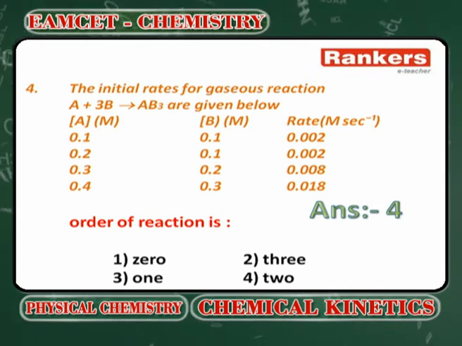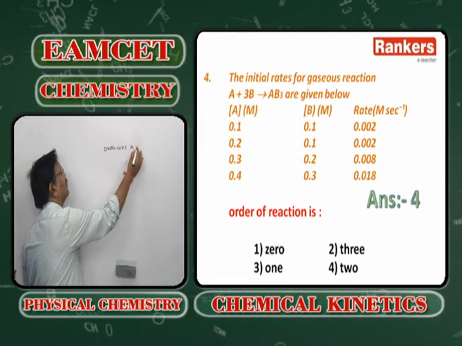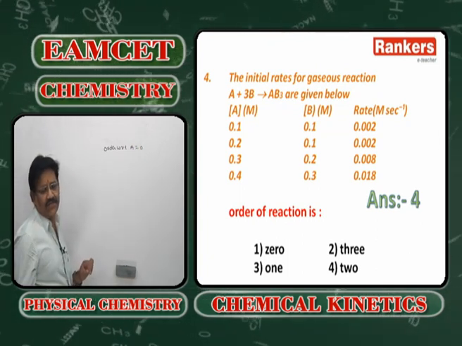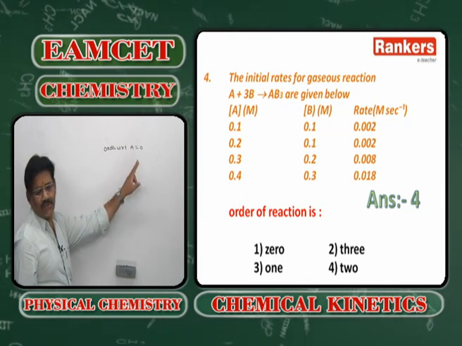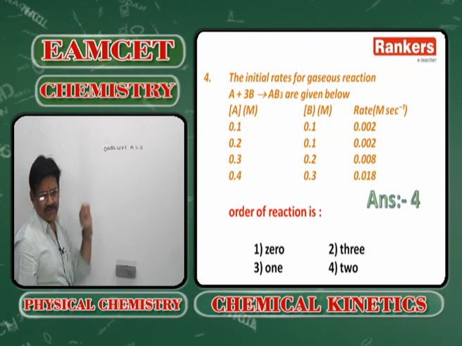That means order with respect to A is equal to 0. Even when the concentration of A is doubled, there is no change in the rate. Therefore, order with respect to A will be equal to 0.